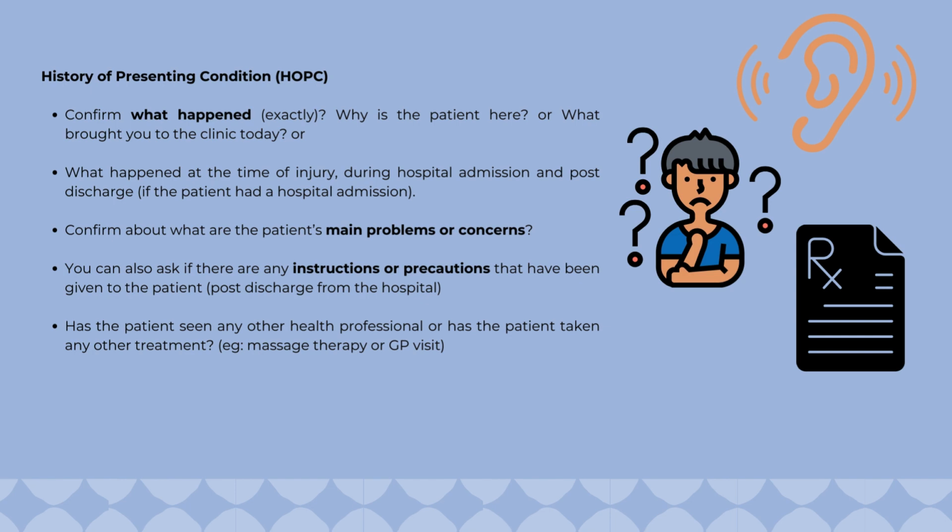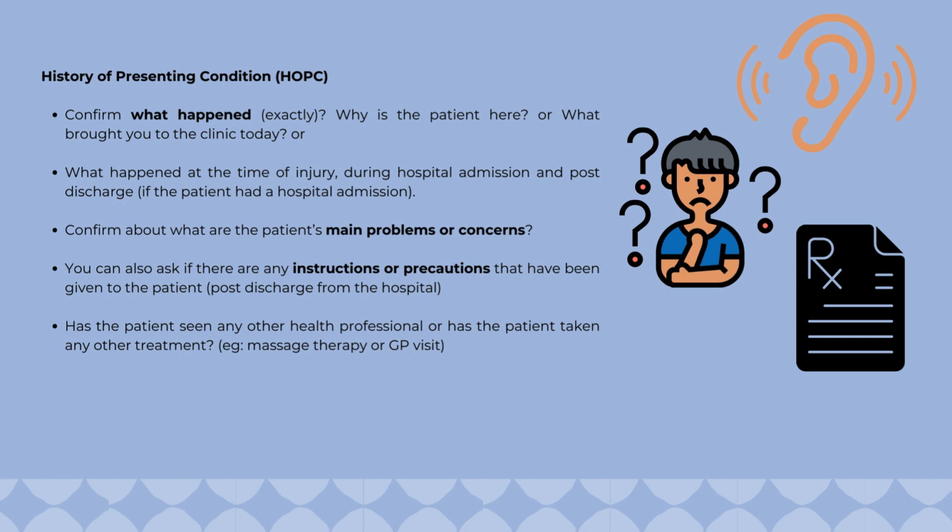All right. Now, if the patient has been discharged from the hospital, as I was talking about, say total hip replacement or total knee replacement, then you can ask, were there any instructions from the hospital or any precautions that were given to you? Now, remember, the patients that you would be seeing can have some cognitive decline, or they may not remember because they were not paying attention to what was being told, or they are not following it.